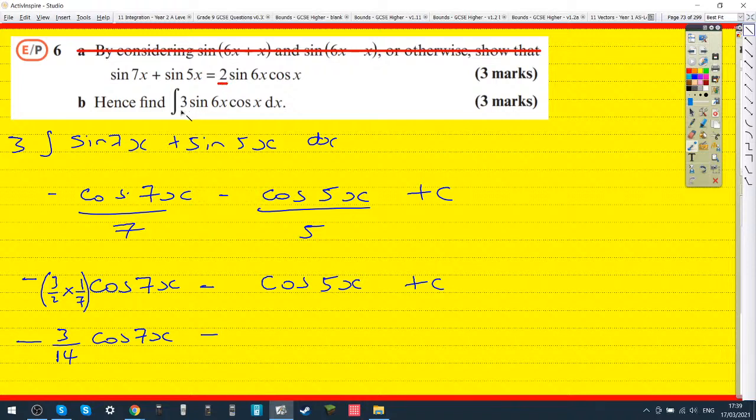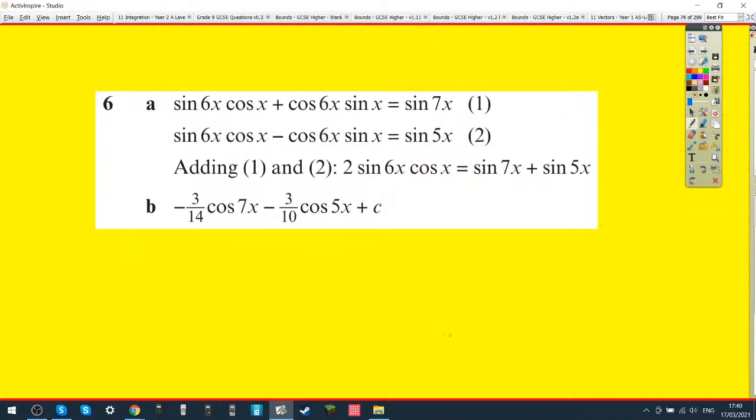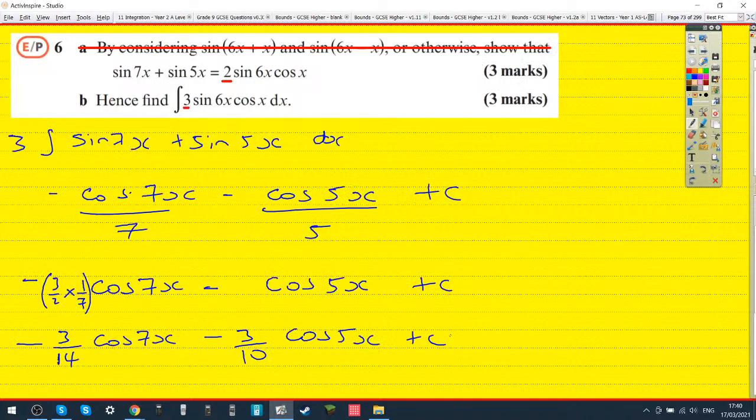Yep. What do you get? So 3 over 2 by 1 over 5. 3 over 10. Let's see. Minus 3 over 14 cos 7x, minus 3 over 10 cos 5x. Yeah, there we go. So that wasn't straightforward. We did alright.